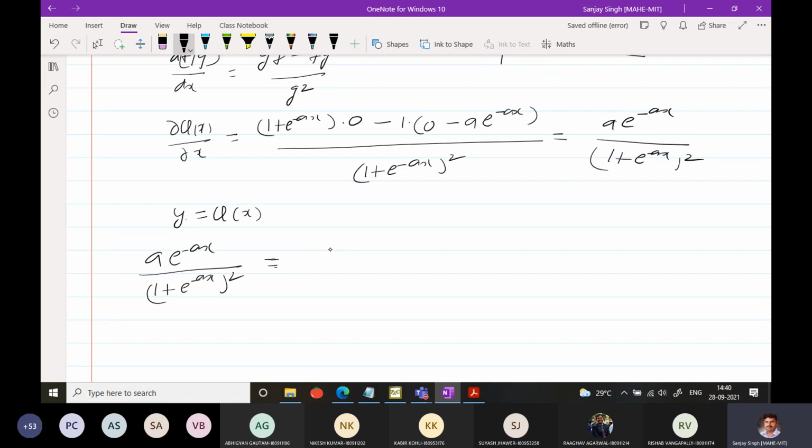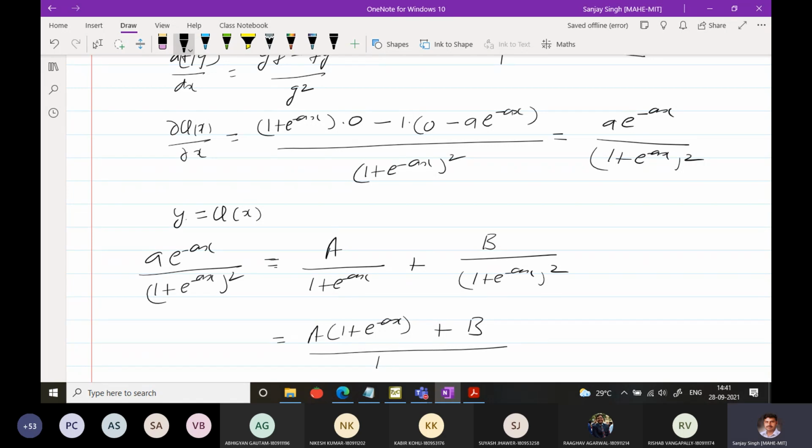We did this by parts in school in integral calculus. If I take the LCM for this, it is a times (1 plus e to the minus ax) plus b, over (1 plus e to the minus ax) whole square.